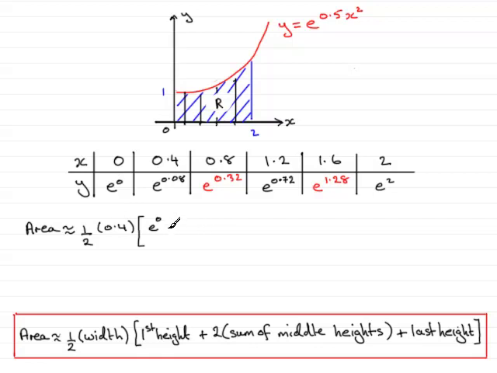Plus twice the sum of the middle heights, so that's 2 times, and we just need to copy these y values in, so we've got e to the 0.08 plus e to the 0.32 plus e to the 0.72 plus e to the 1.28.